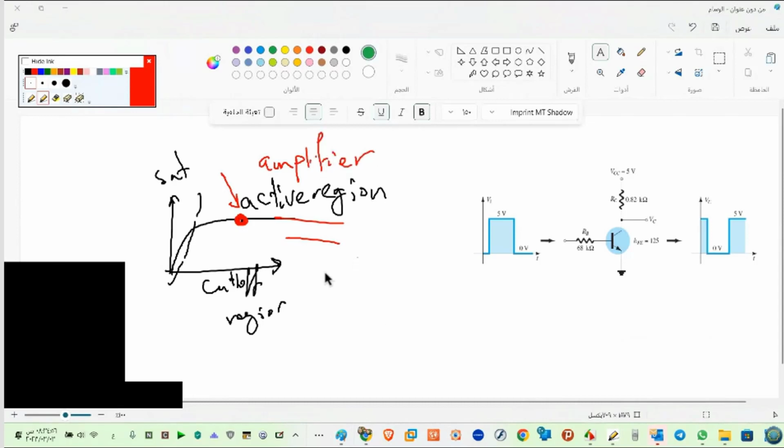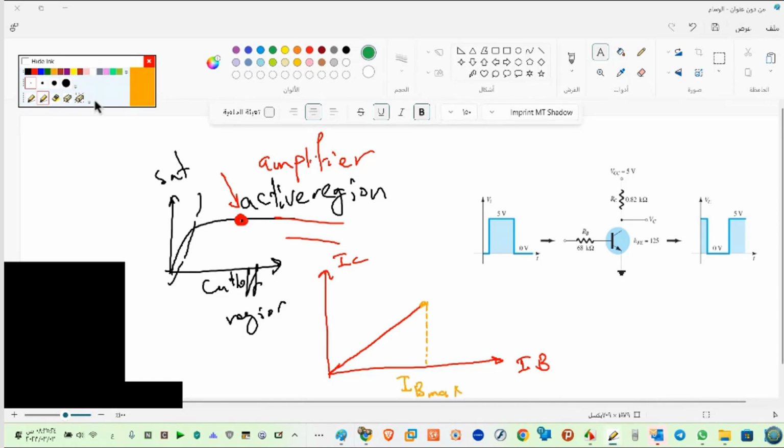Amplifier means here, see my hand. If I draw the relationship between IC and IB: IB increases, IC increases, until a critical point. This is called IB max.